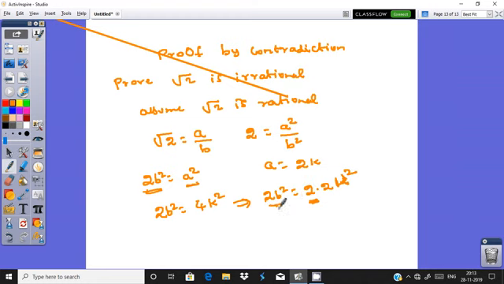So here also 2b squared is equivalent to 2 into 2k squared. Anything with a common factor of 2 can be considered a non-fraction number. That means we can say that this is irrational. Initially we assumed that it is rational, and now we have proved that it is irrational. So a factor of 2 is a rational number.